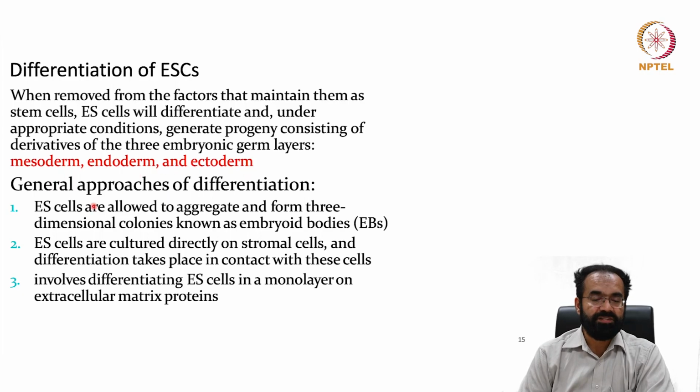General approaches of differentiation include: ES cells are allowed to aggregate and form three-dimensional colonies known as embryoid bodies, or EBs for short. ES cells are cultured directly on stromal cells, and differentiation takes place in contact with these cells, another approach. It involves differentiating embryonic stem cells as a monolayer on an extracellular matrix protein. So there are different approaches through which you can allow them to differentiate.